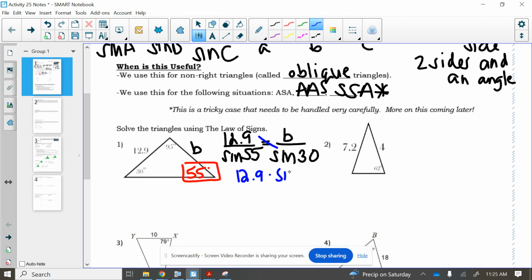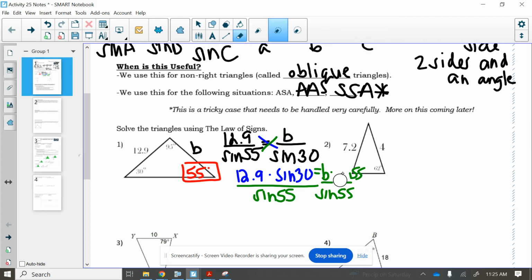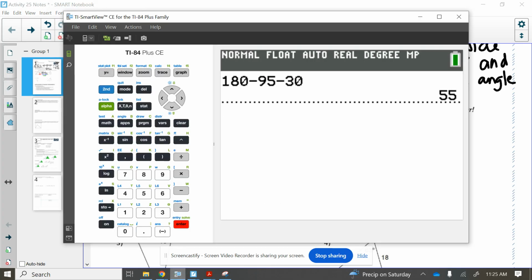12.9 times the sine of 30 is going to equal B times the sine of 55, and then we want to get B by itself, so we're going to divide over that sine of 55, so that when we type this in the calculator, we end up with 12.9 times the sine of 30, and then all divided by the sine of 55.